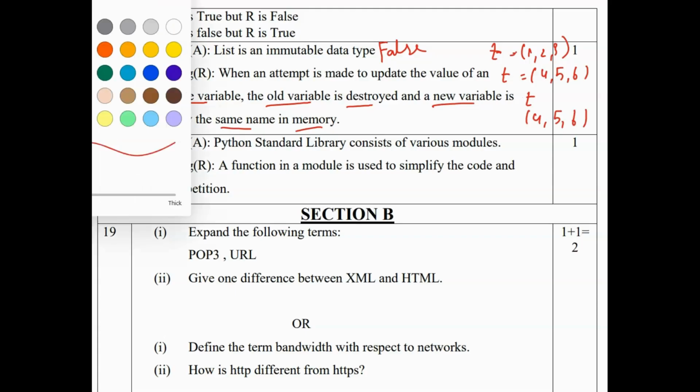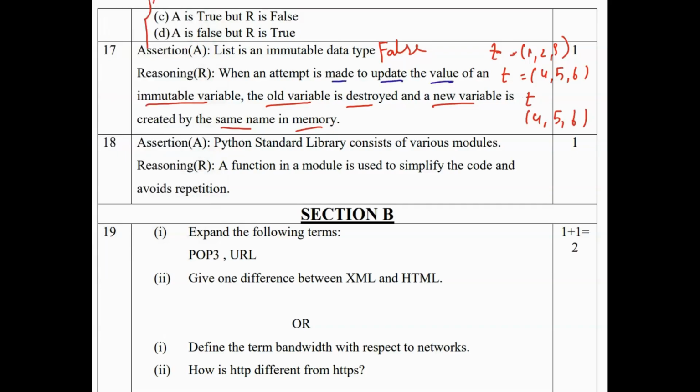So in this case, you should understand that when an attempt is made to update the value of an immutable variable, we are attempting to update the value of an immutable variable. So the old variable will be destroyed. This is your old variable and this is your new variable. This new variable will be created by the same name in the memory.